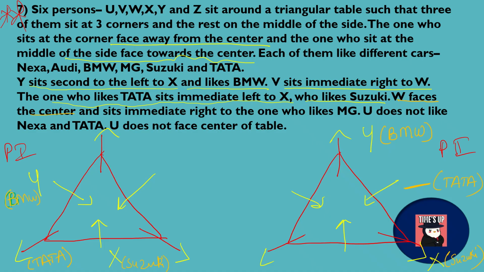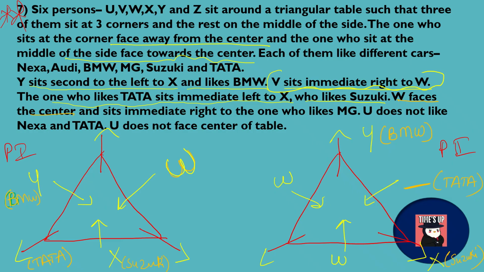W faces the center. So W is facing the center now, either this place or this place. Obviously, W will come here. In the second case, where will W come? It is facing the center, they have said, right? So either W can come here or here in the second possibility. V sits immediate right to W, they have said.